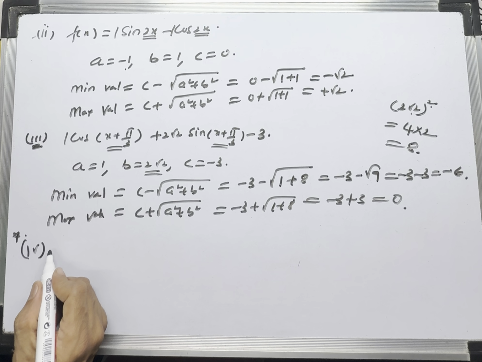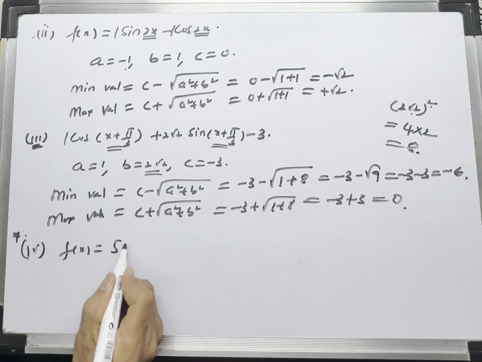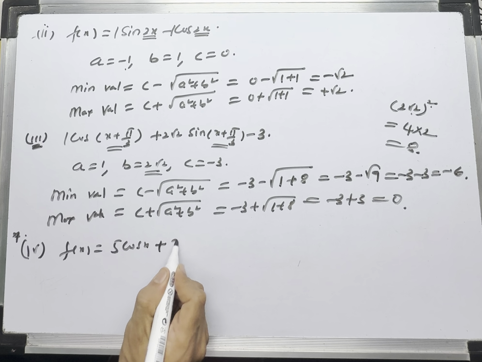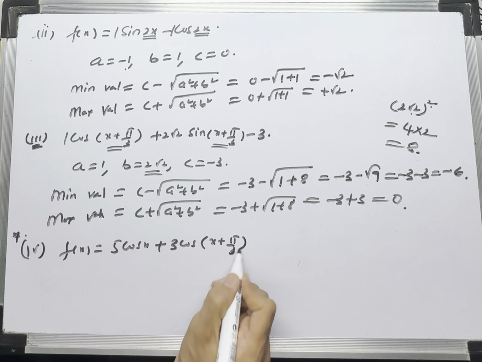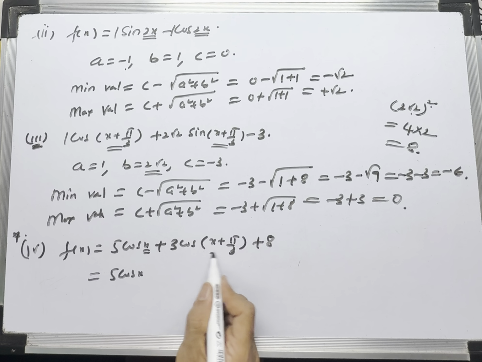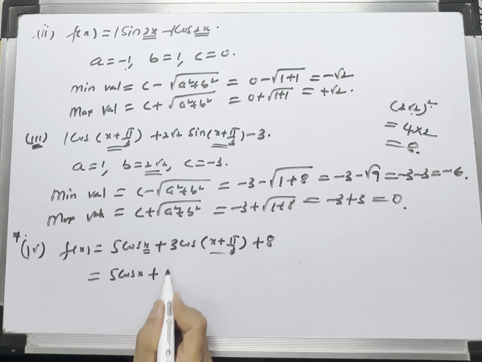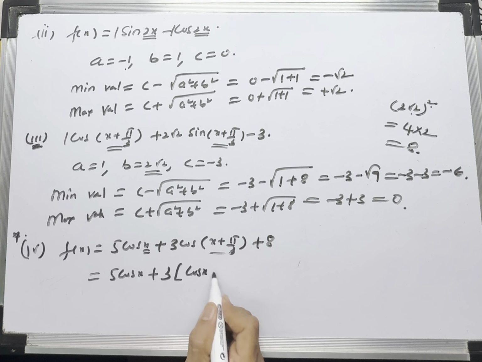So we have f of x equals 5 cos x plus 3 cos x plus pi by 3 plus 8. See, this is 5 cos x. Angle is x, here also angle, a different angle. So we have to expand that. Cos of a plus b.